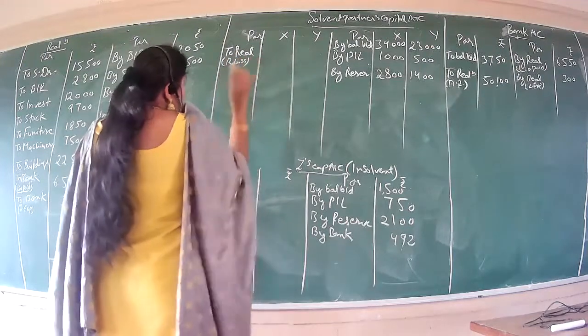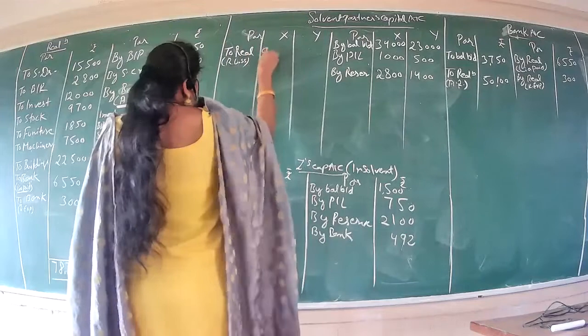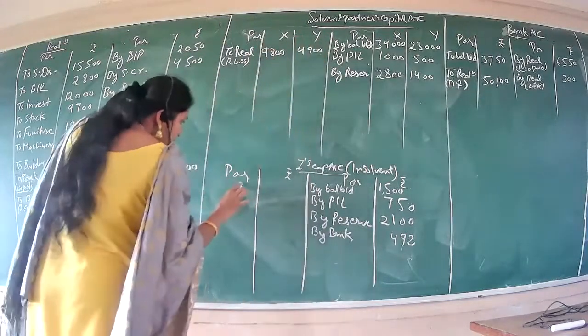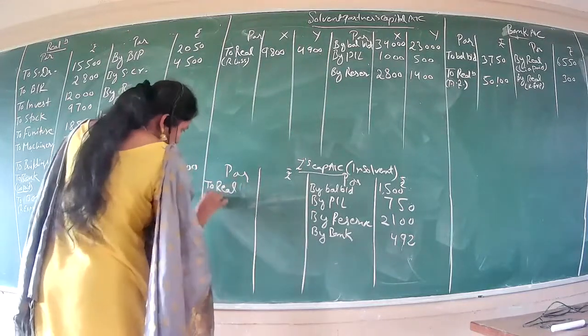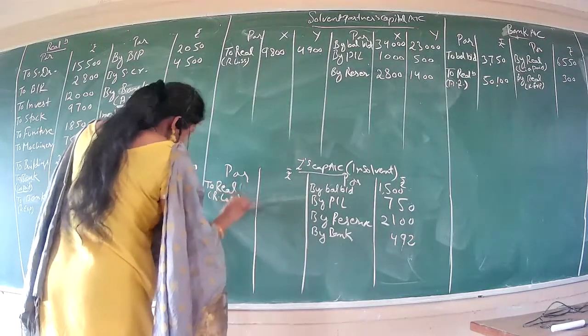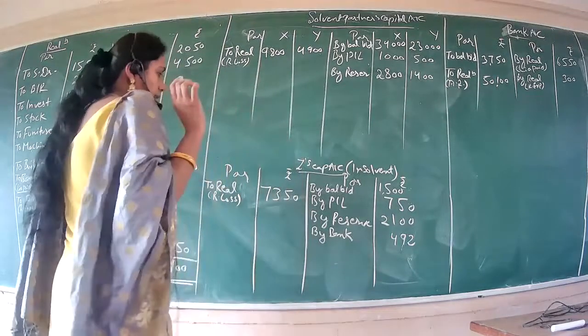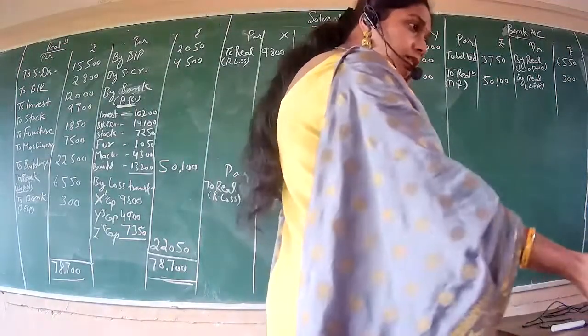It's not necessary to write, just for reference. So realization loss for X 9,800, for Y 4,900, and similarly we have to do the entry for your insolvent partner also, his share of loss 7,350. Okay, so your realization loss also we have got here.